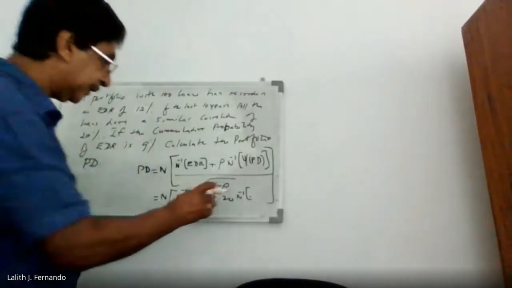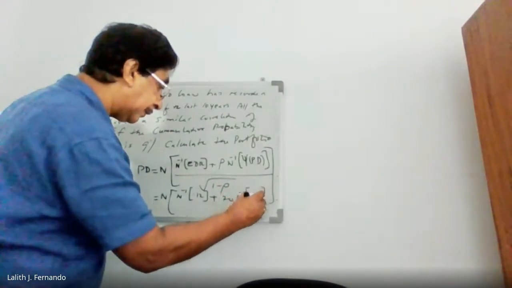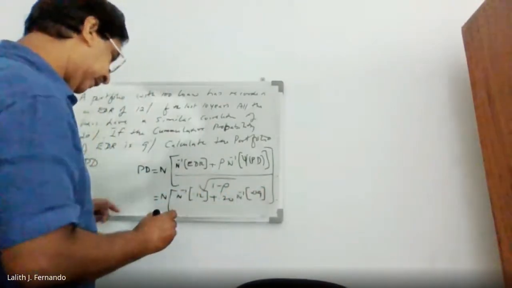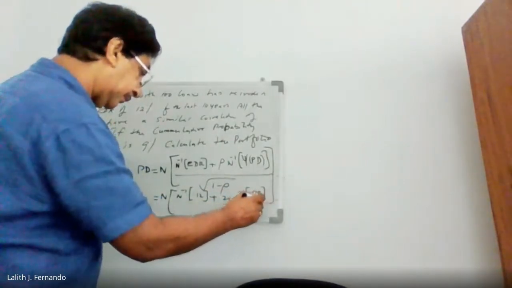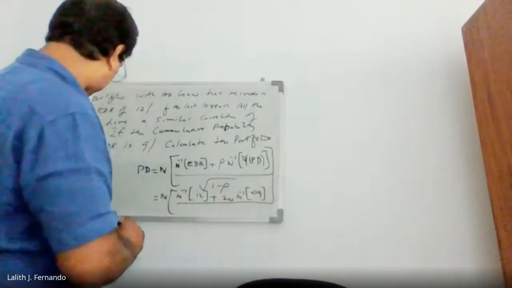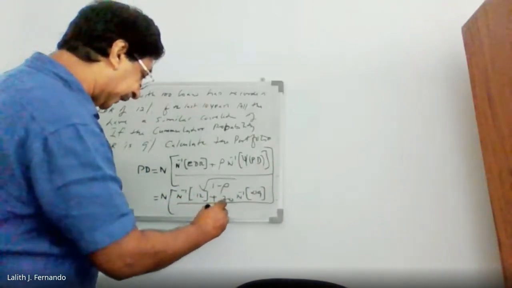It is 9%, so 0.09, divided by square root of 1 minus rho.